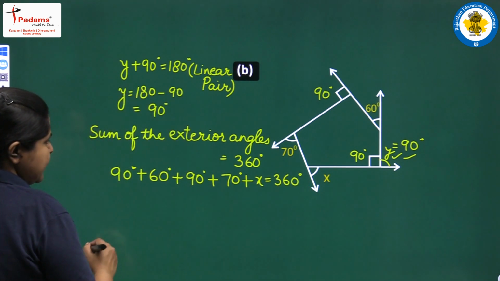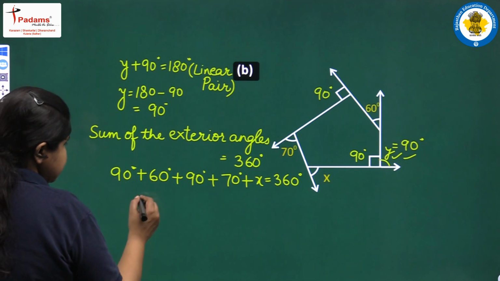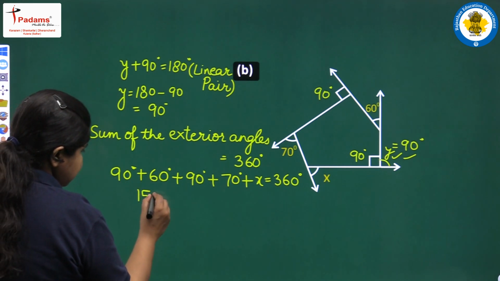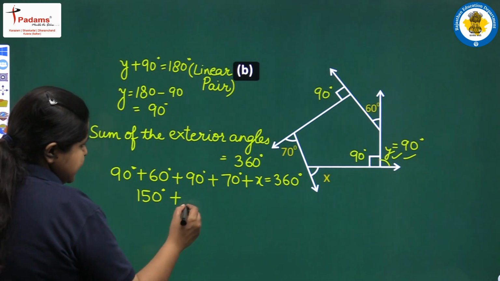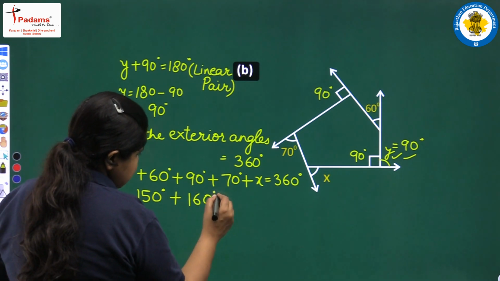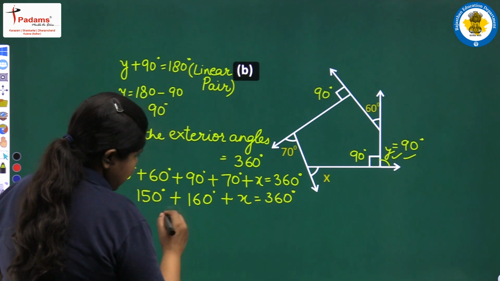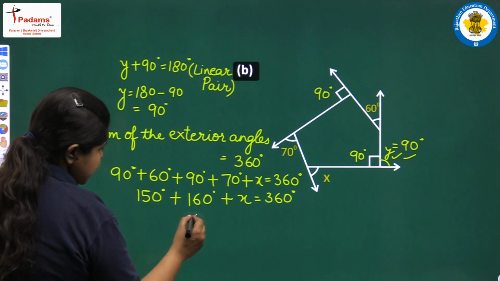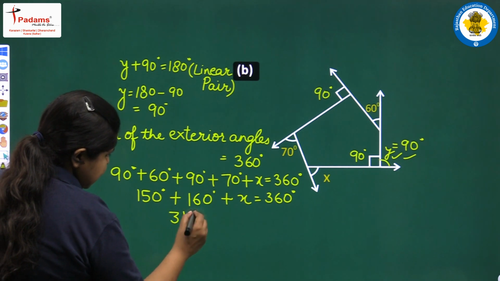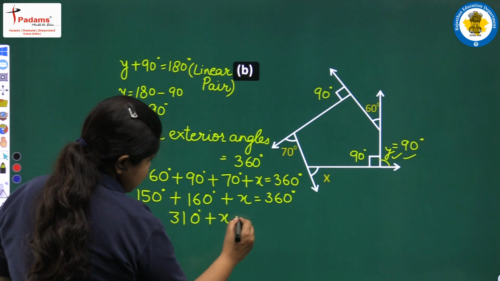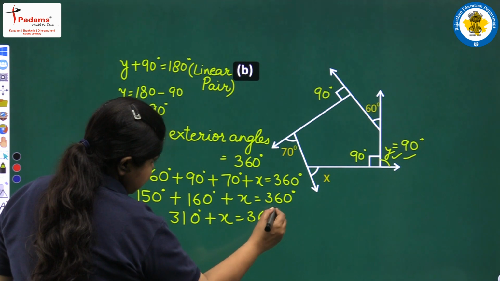Add up all these 4, what we will get? 9 and 6, it is 15, 150 degrees, and 9 and 7 is 16, 160 degrees plus x equal to 360 degrees. Again add both of these, you will get 310 degrees plus x equal to 360 degrees.